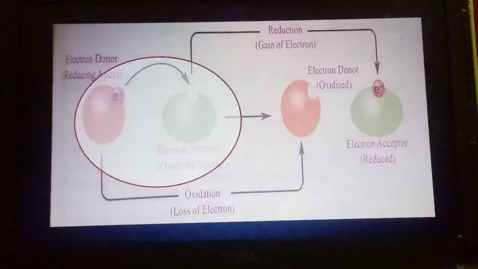Here you can see this electron is being donated to this one, so oxidation takes place. It removes electron, removes hydrogen, and accepts oxygen. This whole process is called oxidation.